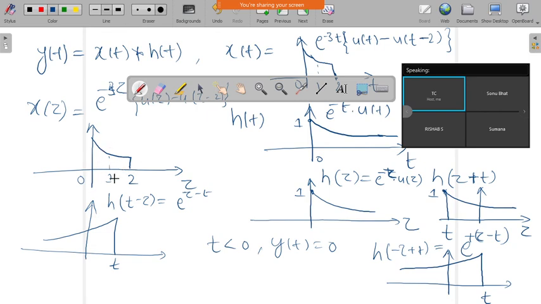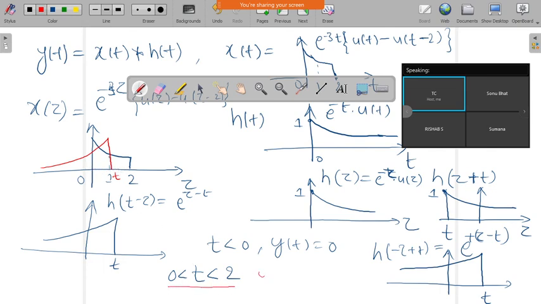When t is greater than 0 but less than 2, the overlapping point is somewhere here at t. I don't know what the value of t is, it may be 0.5, 1, 1.5. So that is the case whenever t is less than 2 but greater than 0.